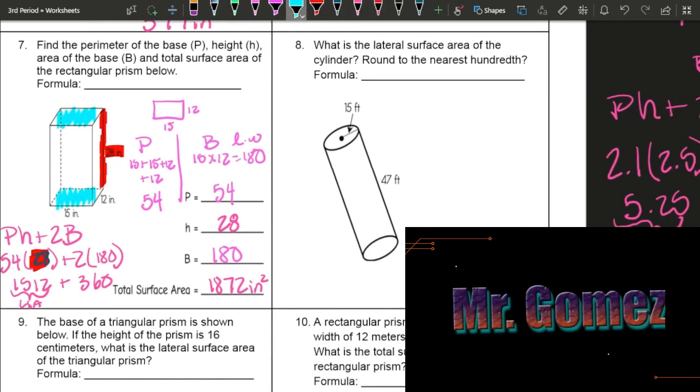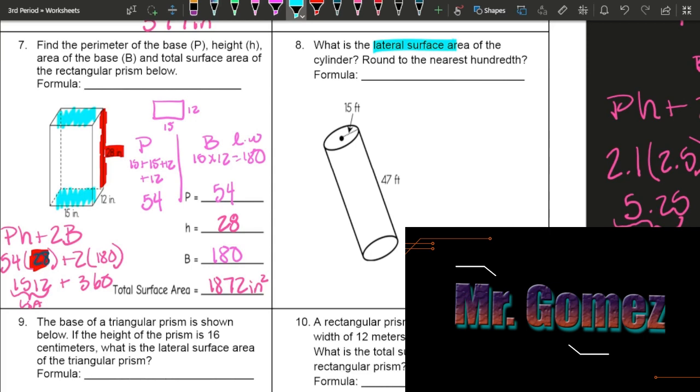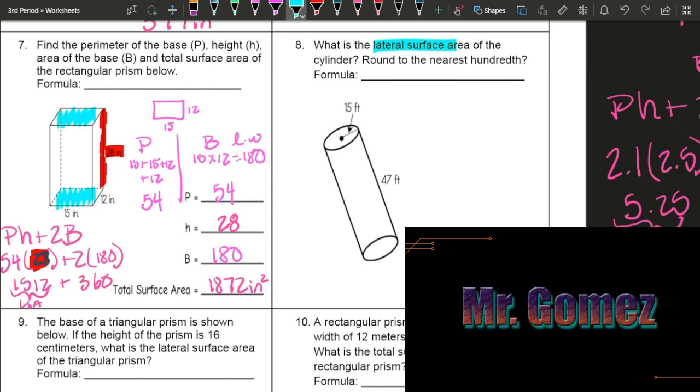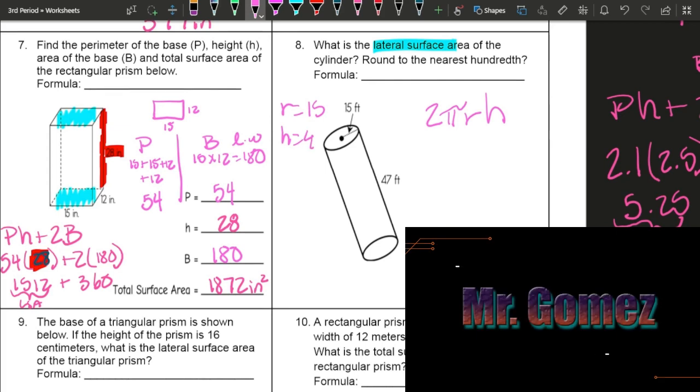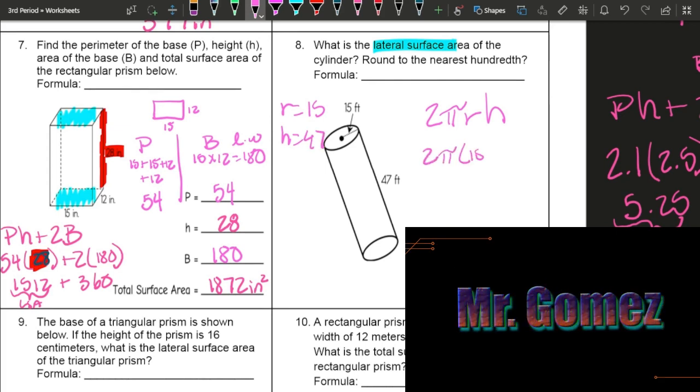Lateral surface area of the cylinder, round to the nearest 100. So the lateral surface area is going to be 2 pi r h. Do I know the radius? What is it? 15. Do I know my height? Am I good to go? Yes. So 2 pi times 15 times 47.